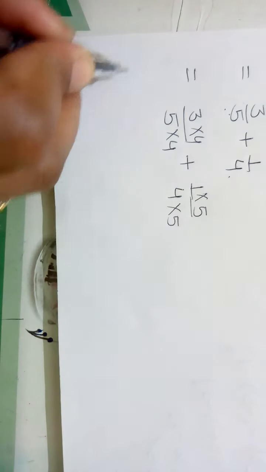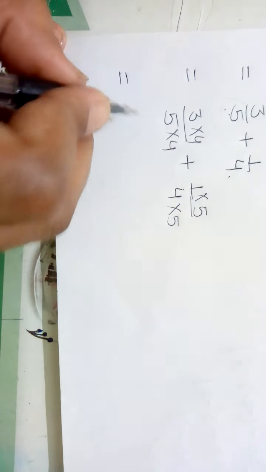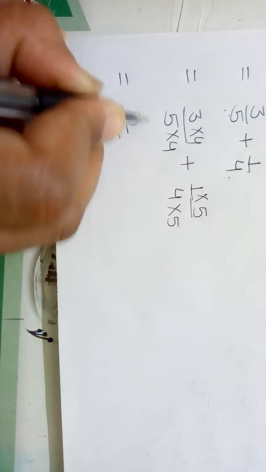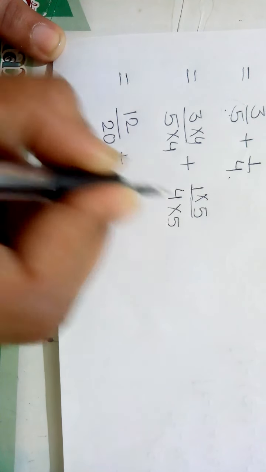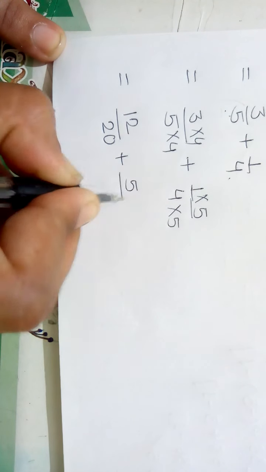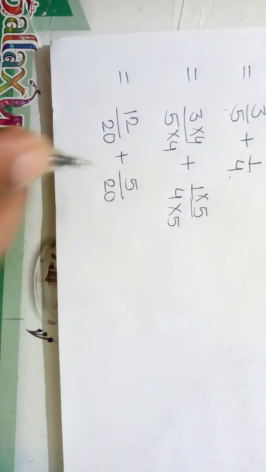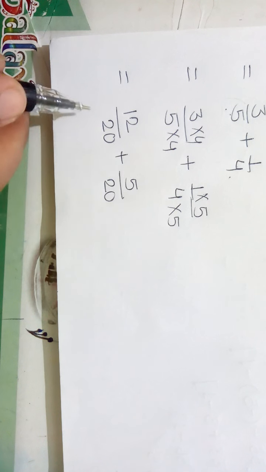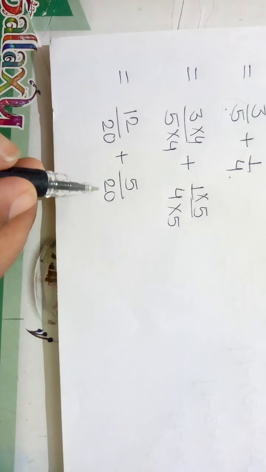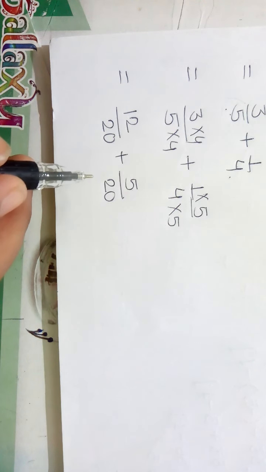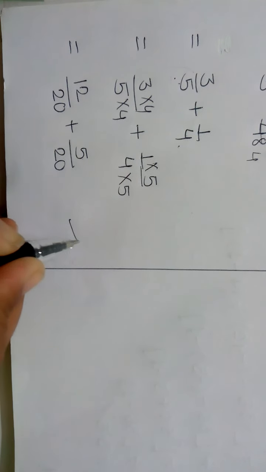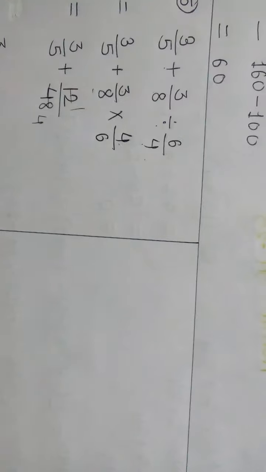So here we will do 3 4s are 12 and 5 4s are 20. Plus 5 1s are 5 and 5 4s are 20. Now here two fractions we got and denominators are equal. So we can add only numerator, denominator as it is we will keep. Okay. So I will solve it here. See here.